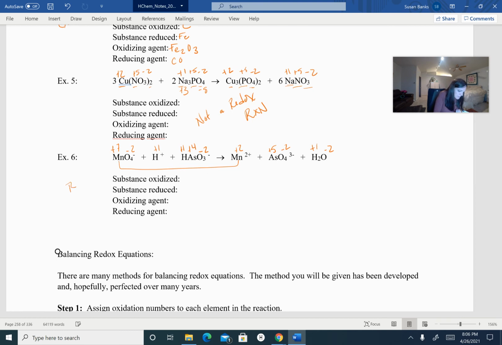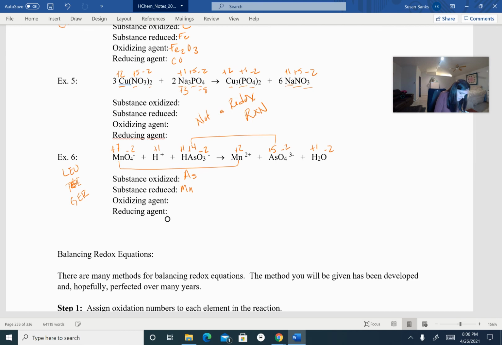Okay, remember, reduction is gaining electrons. So gaining electrons is reduction. So what was reduced? Manganese. Okay, the arsenic went from a +4 to a +5, so it lost an electron. So the arsenic was oxidized.